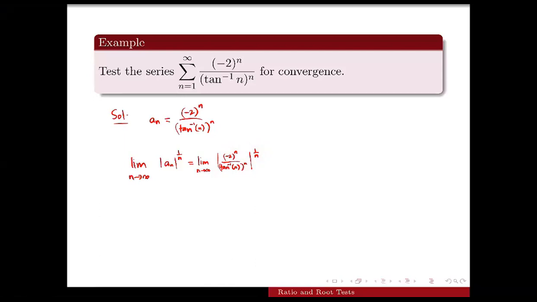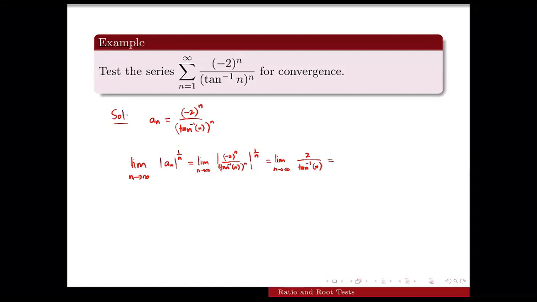So we have the limit as n approaches plus infinity. Numerator, it's just 2. Denominator, it's arctan of n. So as n approaches plus infinity, arctan of n will go to pi over 2.